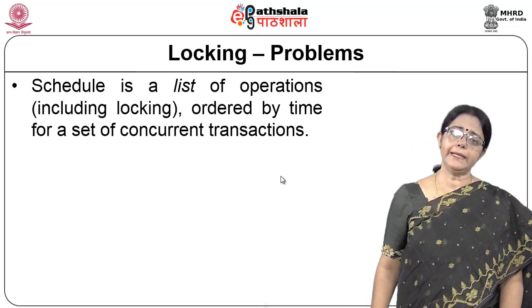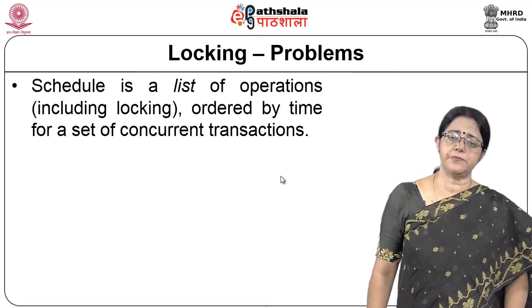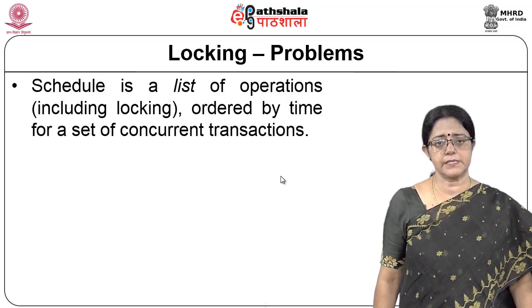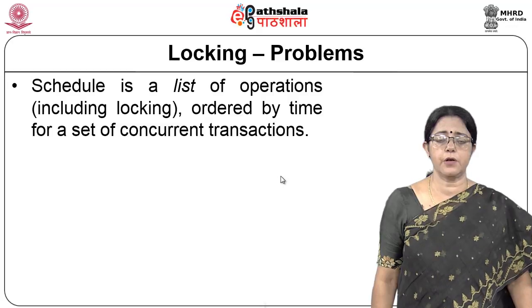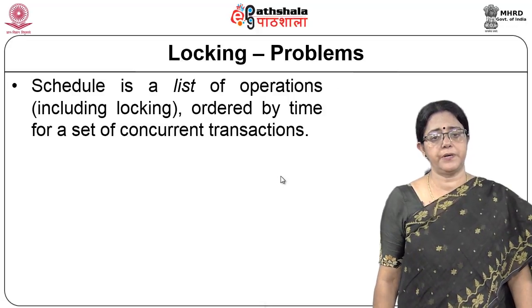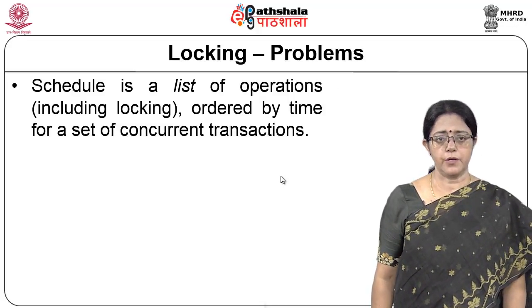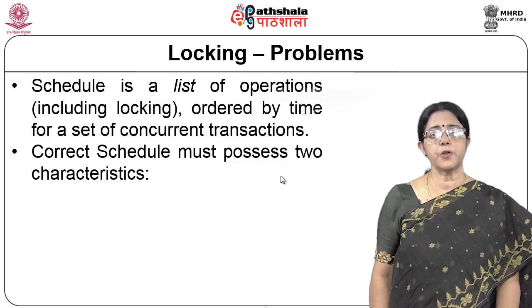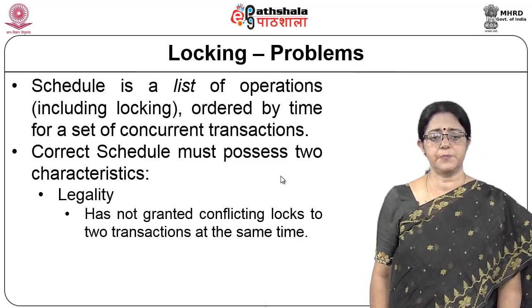The problem again is that if there is not a specific schedule properly done, it causes deadlocks, it causes performance degradation, etc. So, a schedule is a list of operations ordered by the time of concurrent transactions, and a correct schedule must possess two specific characteristics.